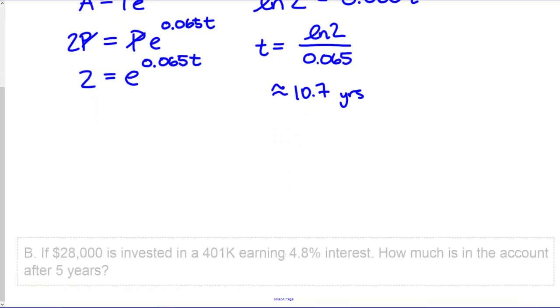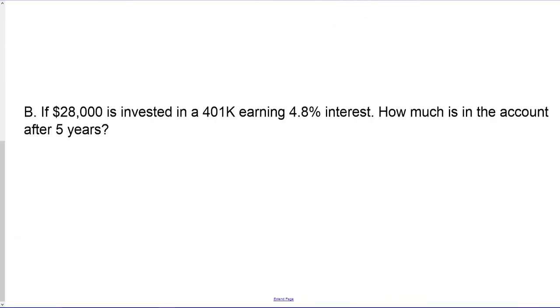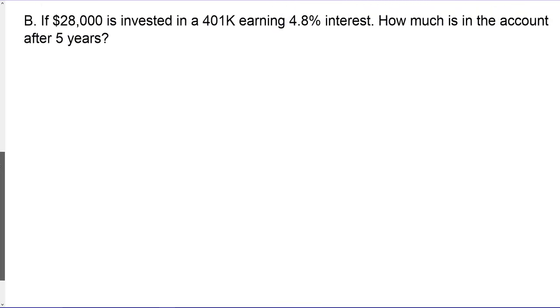The next example: if $28,000 is invested in a 401k earning 4.8% interest, how much is in the account after 5 years? So still using the same basic formula, A equals P e to the rt. The initial amount is $28,000.